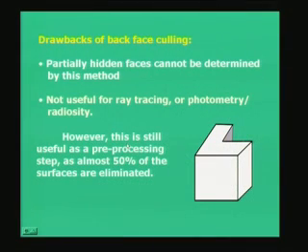The z component of the direction cosines of the surface normal has to be computed, check the sign, depending upon that identify it is a back face or not, and then move forwards towards VSD. It is still a very useful pre-processing step, as almost 50% of the surfaces are eliminated. So, we will use back face culling, then move over to visible surface detection algorithms, which we will talk about next.